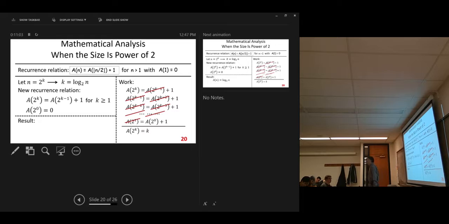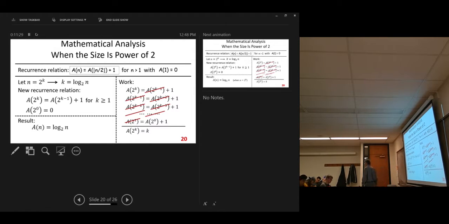So that's why we need to find the n expression for k. We should not use k. We should use n. So let's go back to the n expression. A of n equals log base 2 of n. So this is the result.